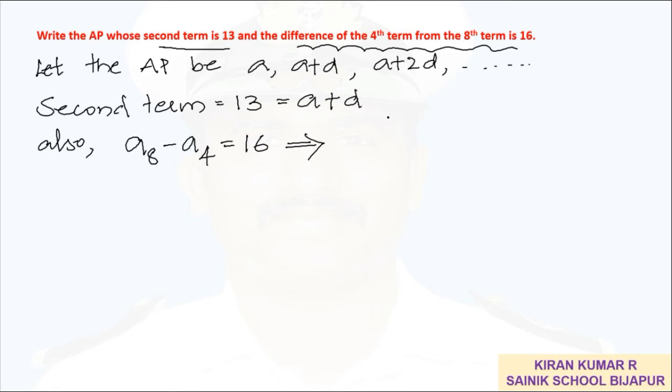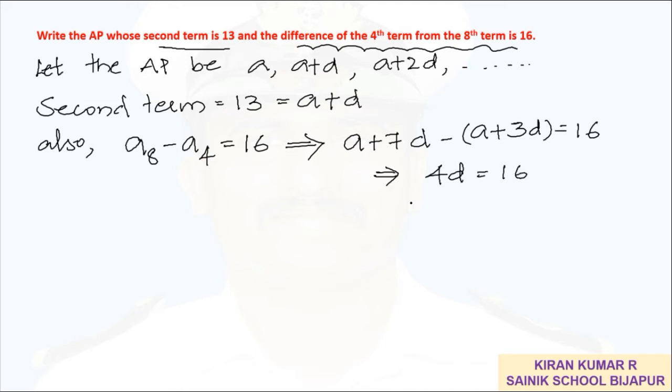We all know An refers to A plus n minus 1 into D. So A8 means A plus 7D minus A plus 3D, that is equal to 16. Here A will get cancelled, 7D minus 3D, we get 4D equal to 16. This implies D value is 4.